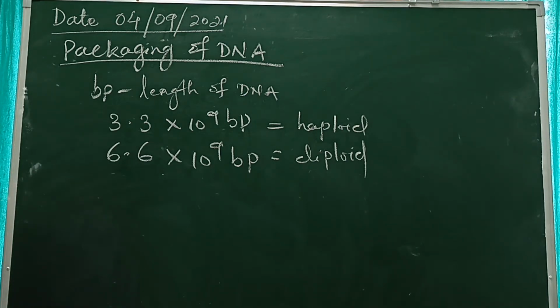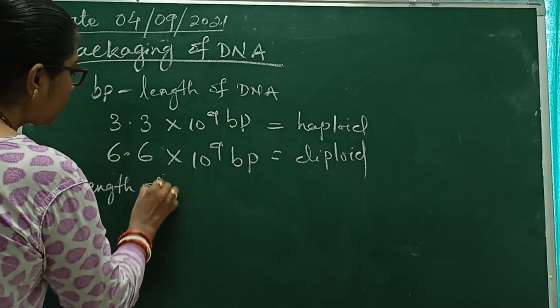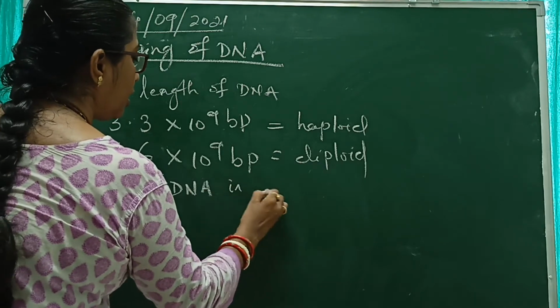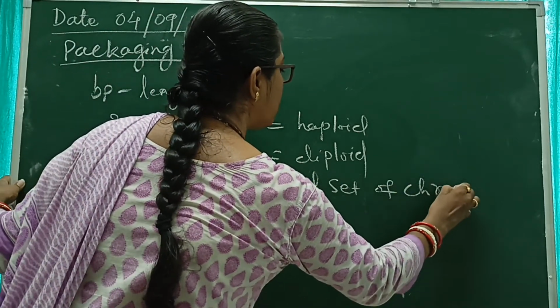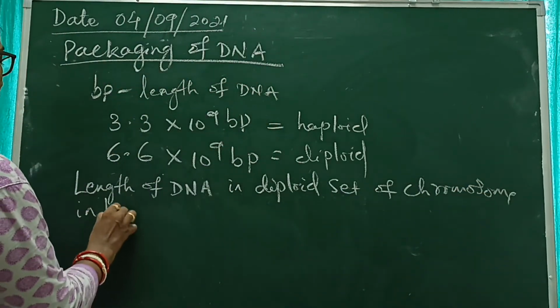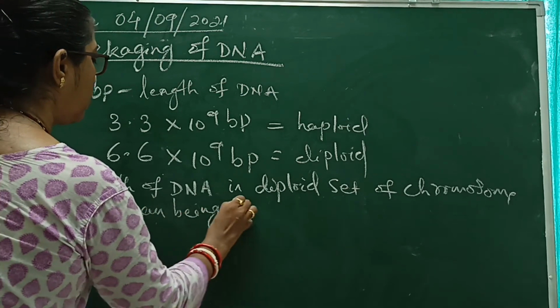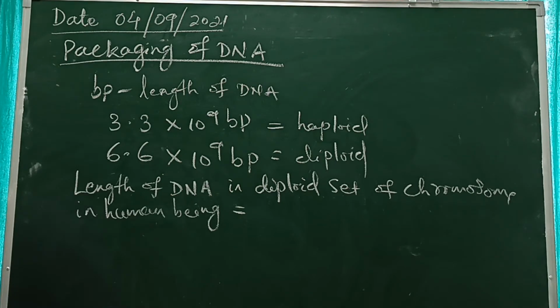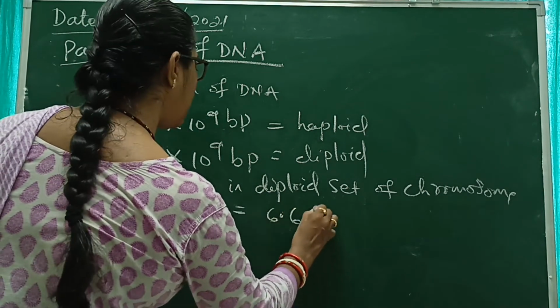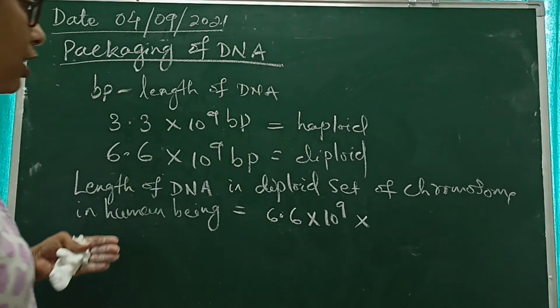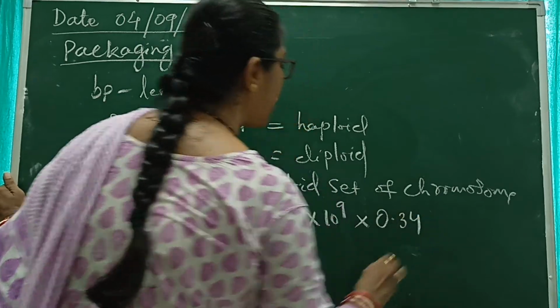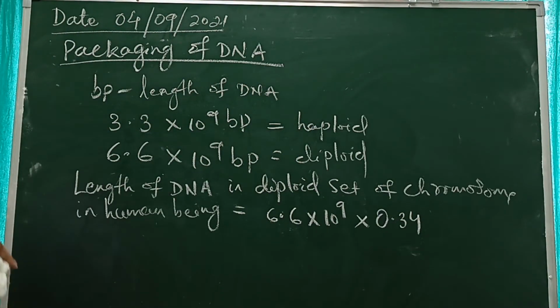Okay, so here the length of DNA in the diploid set of chromosomes in human beings will be, as I have told you, the number of base pairs multiplied by the distance between consecutive base pairs. So the number of base pairs is 6.6 into 10 to the power 9, multiplied by the distance between consecutive base pairs, which is 0.34 nanometer, and we have to convert nanometer into meter.